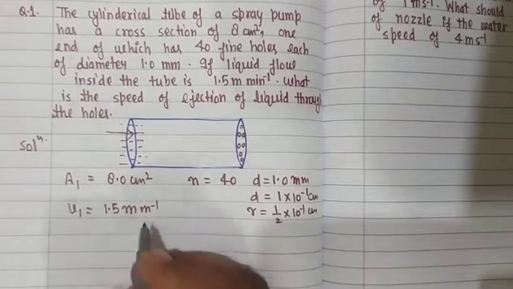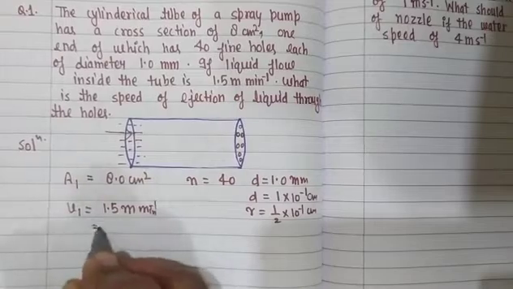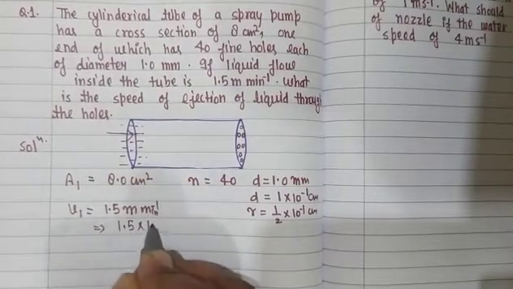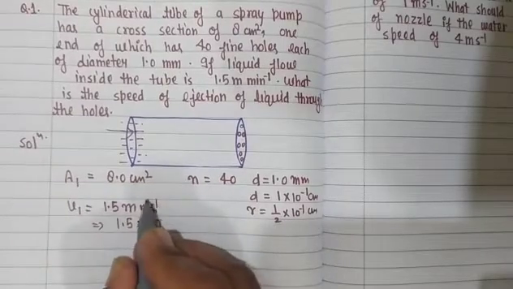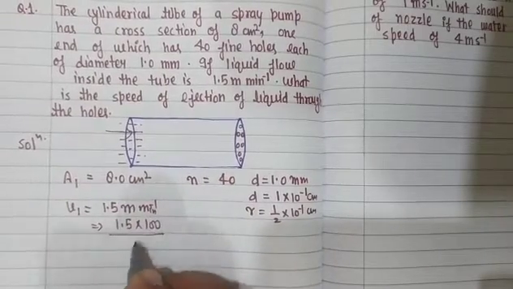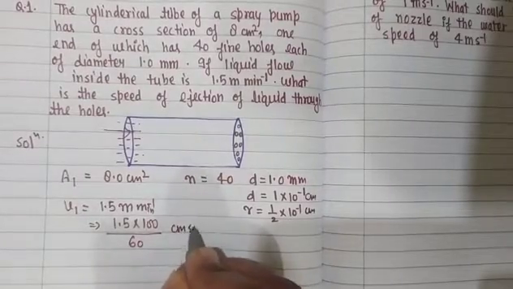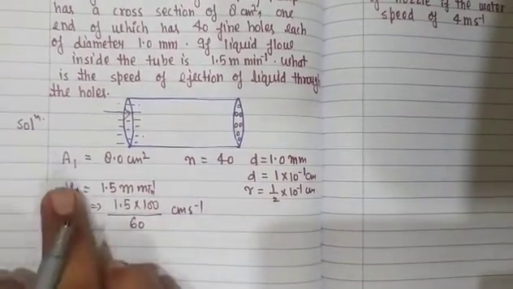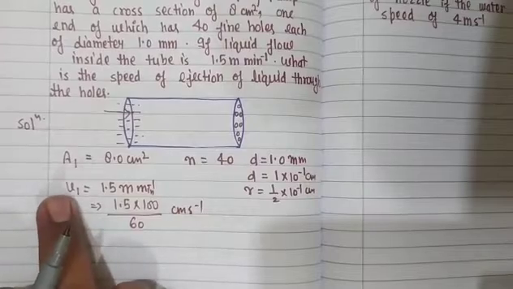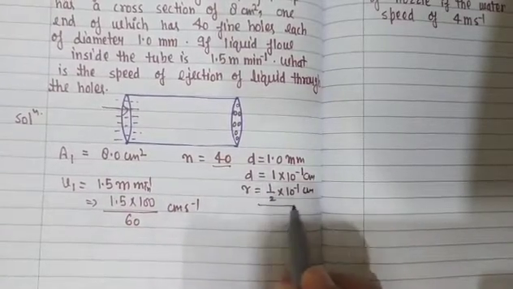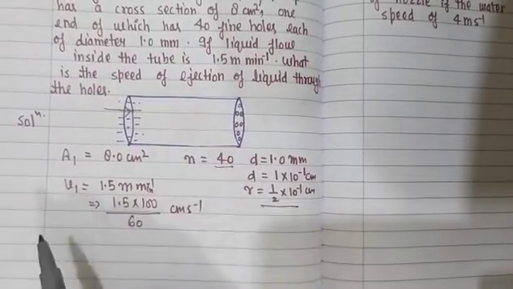So here it will be 1.5 meter, multiply it by 100, so it will be in centimeter, and it is per minute, so we will convert it into second, so it will be centimeter per second. So A1, V1, this is the number of fine holes, this is the radius of each fine hole.